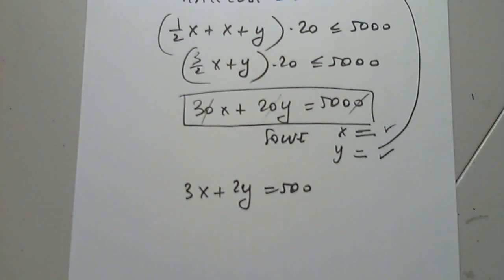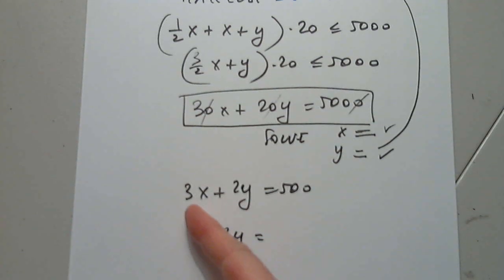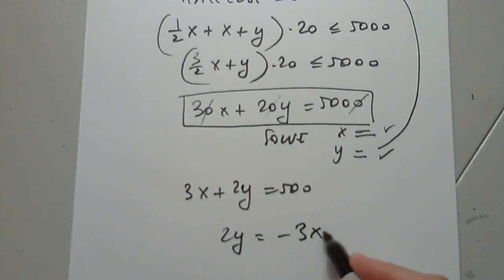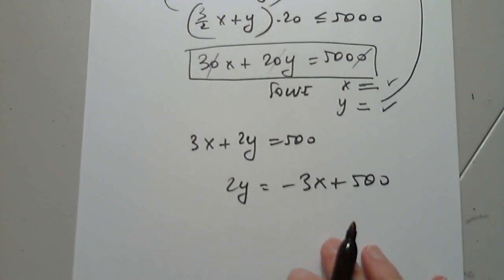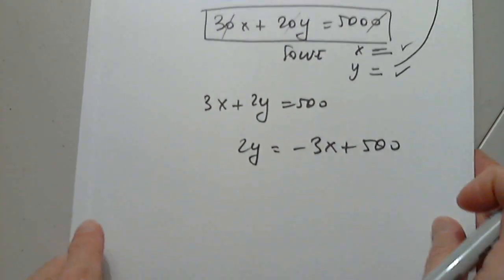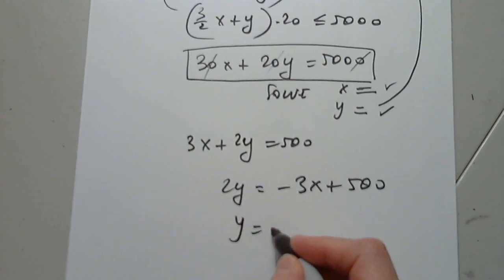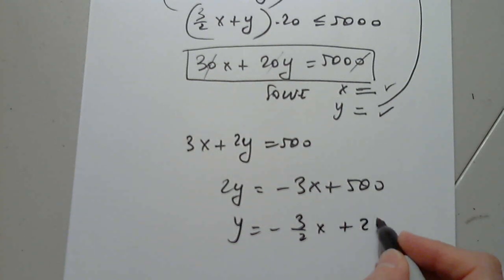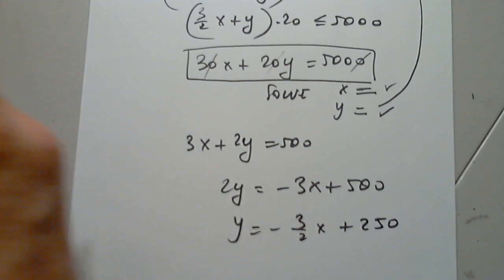But it doesn't matter, really. Which one? I prefer to solve for y. Okay, then. So if we solve for y, I have to move 3x to the other side, and I have to divide by 2. So y equals negative 3/2 x plus 250.